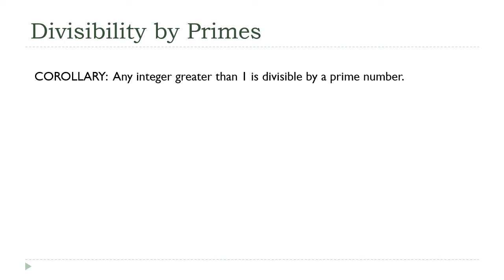Well, now I know that every integer greater than 1 has a prime factorization. The fundamental theorem of arithmetic says, give me an integer greater than 1, and I can write it as the product of prime numbers. All of those prime numbers on that list are prime divisors of the original number. And we're done. You almost get it for free as a consequence of the previous theorem.